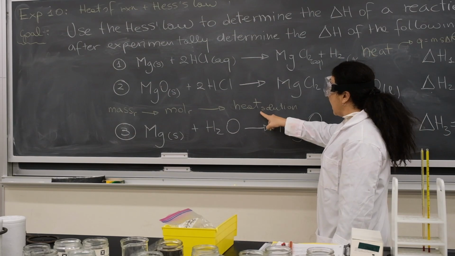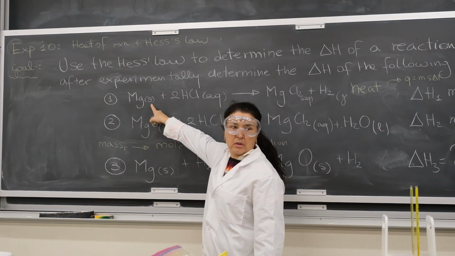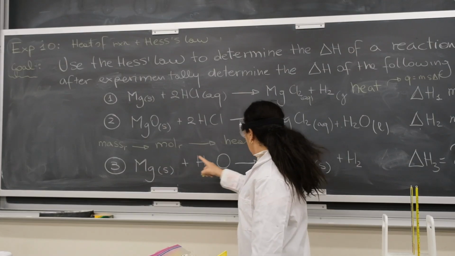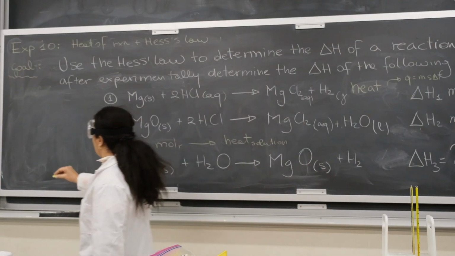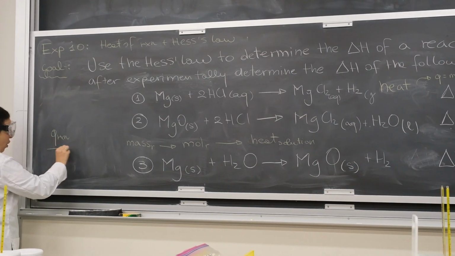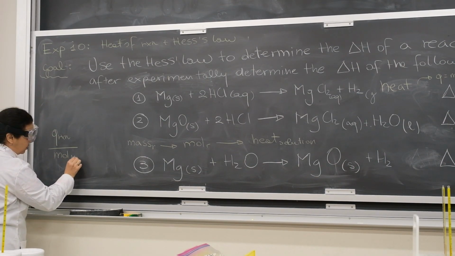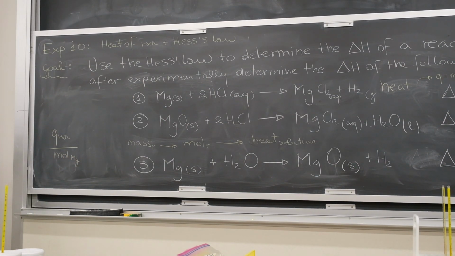In order to figure out how much heat is released for a certain amount of magnesium, you have to calculate Q of the reaction over the moles of magnesium used. Okay? So that's what we are doing. Is that clear? Yeah. Okay.